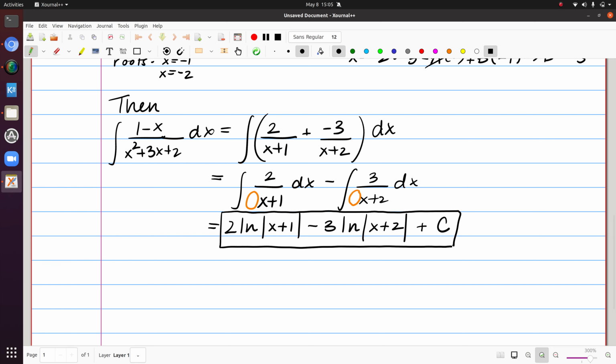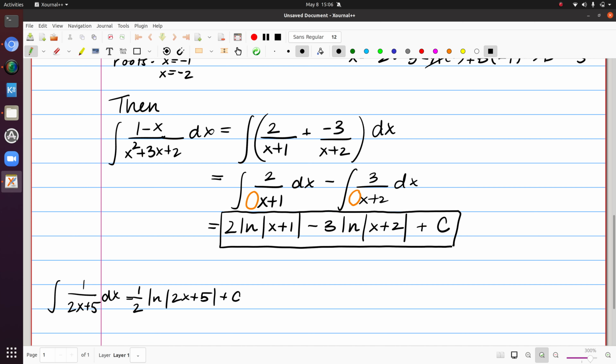But for instance, if you had 1 over 2x plus 5, you would get the natural log because that's linear. But because of that 2, you'd have to bring out a 1/2. So that's what I mean there. Here, the coefficient was 1. We didn't have to worry about that. You can think of that as u substitution, but you can also just think that what we have to account for is that the chain rule would have brought out a factor of 2.